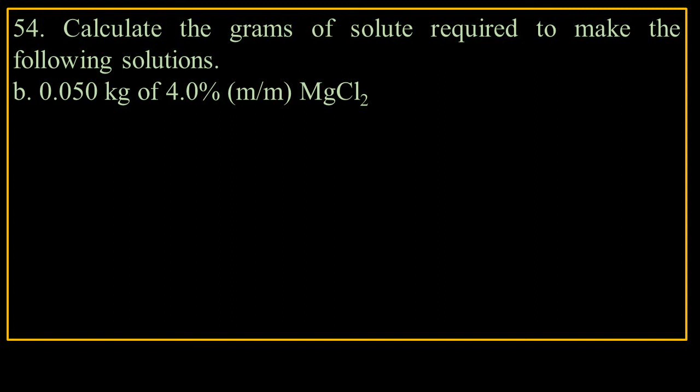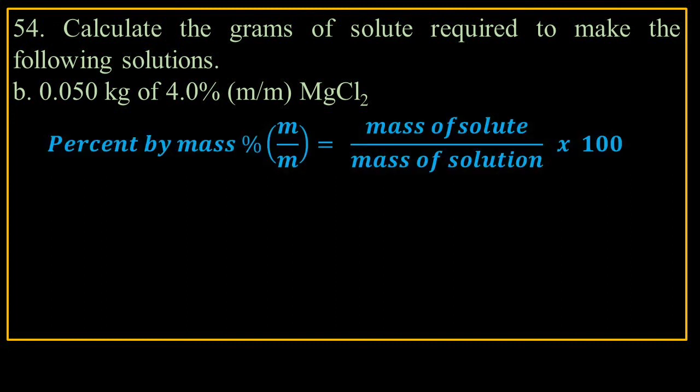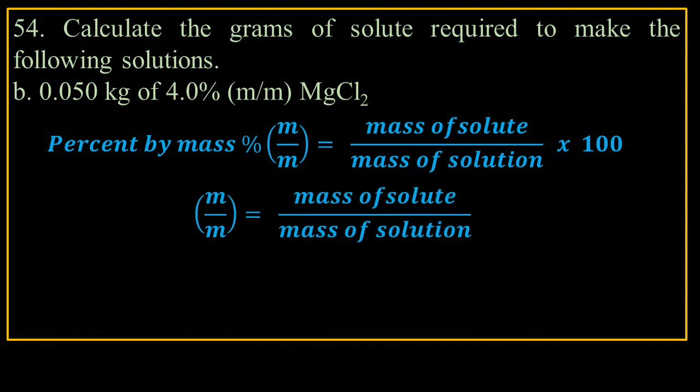Now, 0.05 kilograms of 4% by mass magnesium chloride. So it's going to be 0.04 times 0.05 kilograms, the mass of solution.